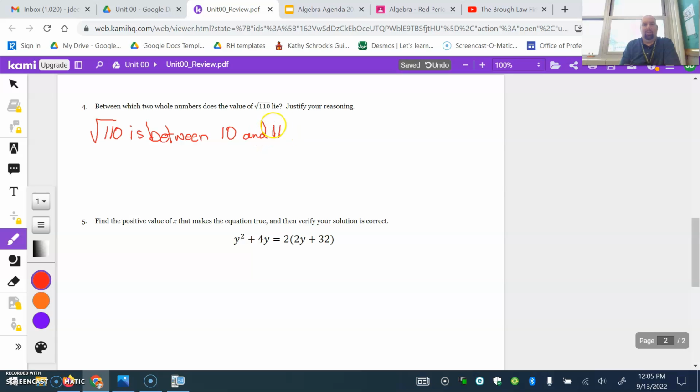Why? So this is justifying the reasoning. If you stop right here on the quiz, you've only done part of it. You need to justify your reasoning. This is the justify part.